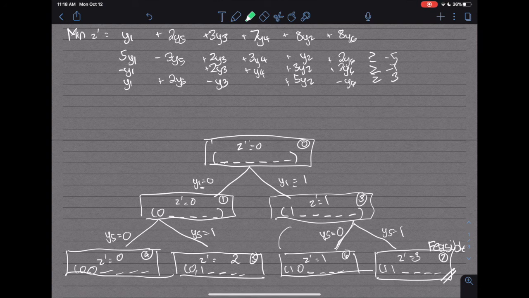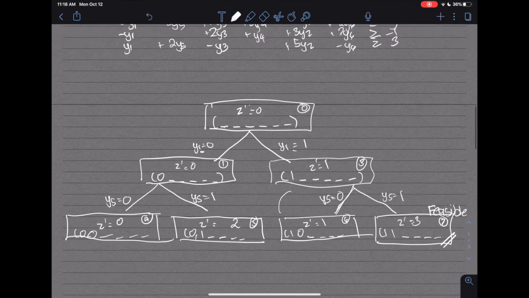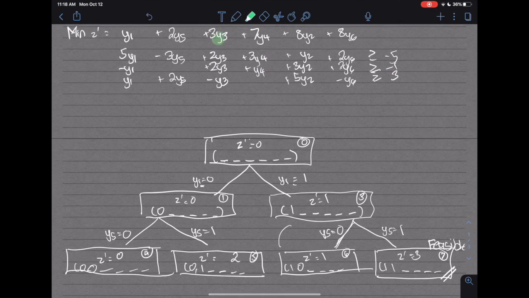The next possible branch for node 4 is y3 getting a value. If y3 gets a value, we can automatically predict that z prime will have either a value of 0 or 3, since it's going to be 0, 0 given by these two values, and the next variable to have a value is y3. If y3 gets a value of 1, z prime is equal to 3.